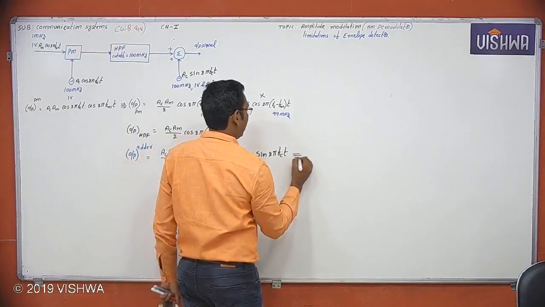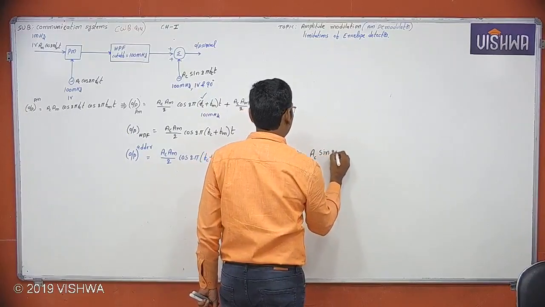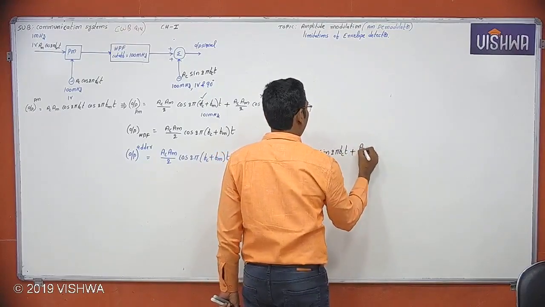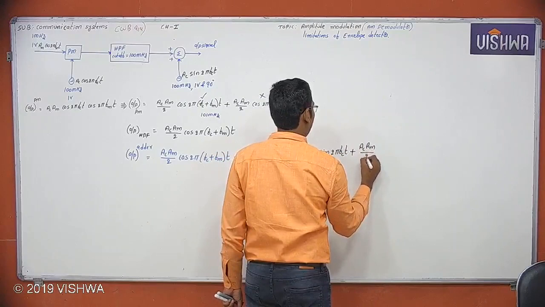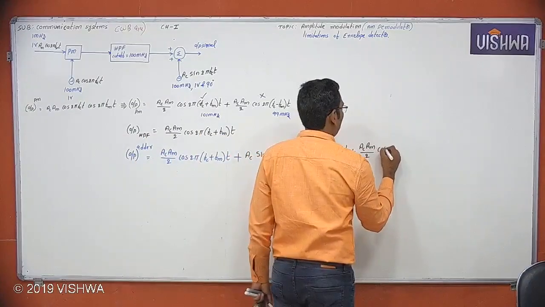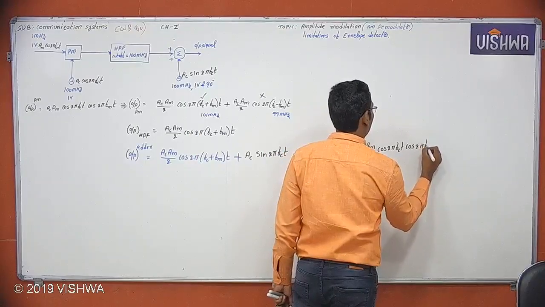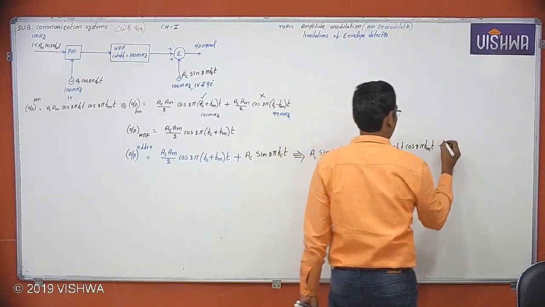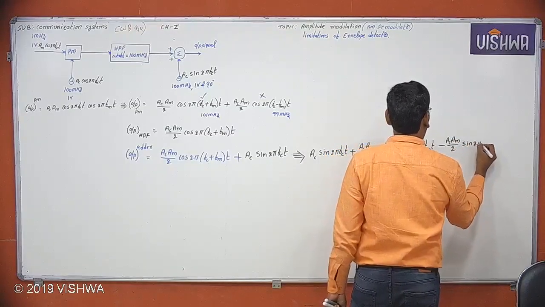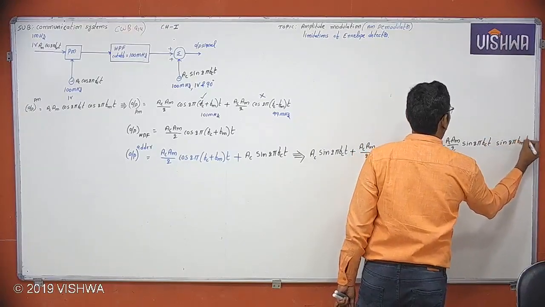Now, this is the signal finally: Ac sin 2 pi Fc t plus Ac Am by 2 cos 2 pi (Fc plus Fm) t. I just expand this, cos of A plus B, which is cos A cos B minus sin A sin B, giving Ac Am by 2 sin 2 pi Fc t sin 2 pi Fm t.